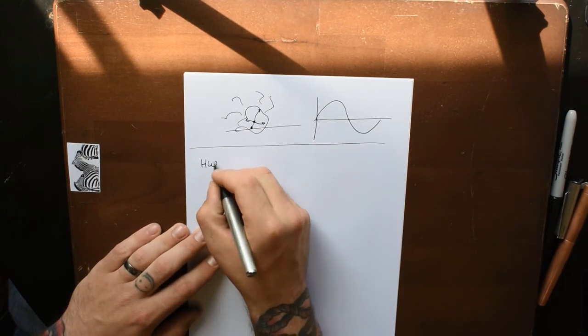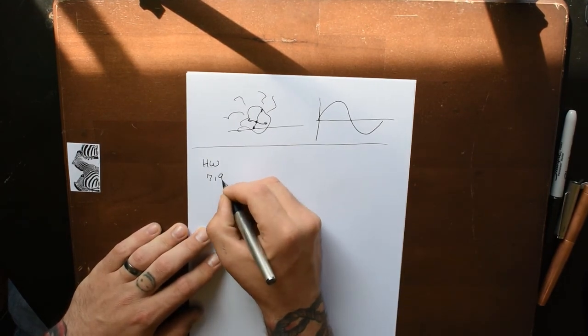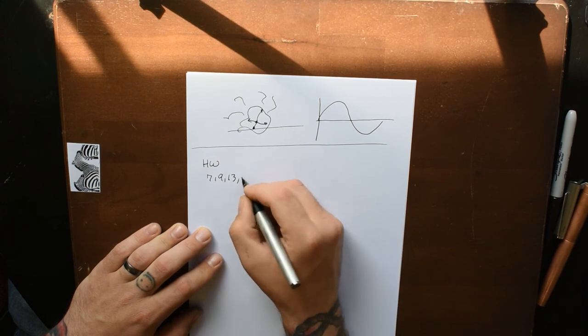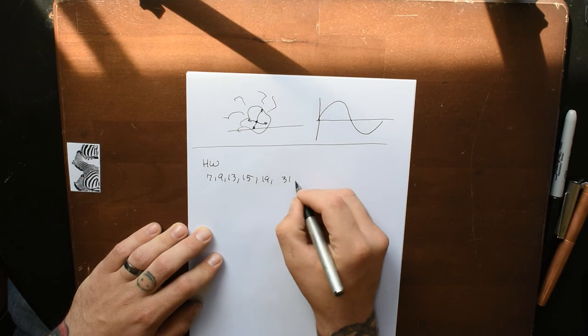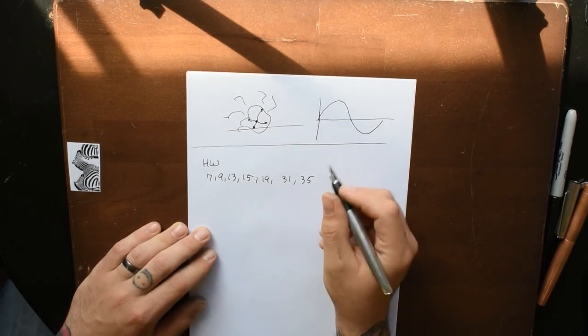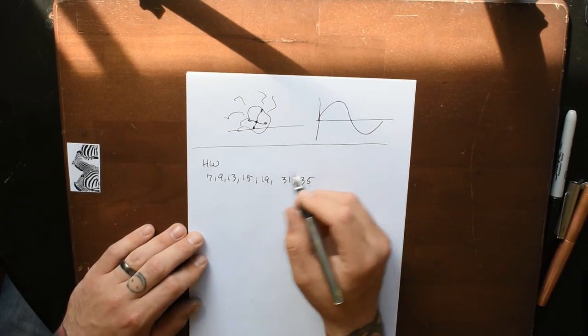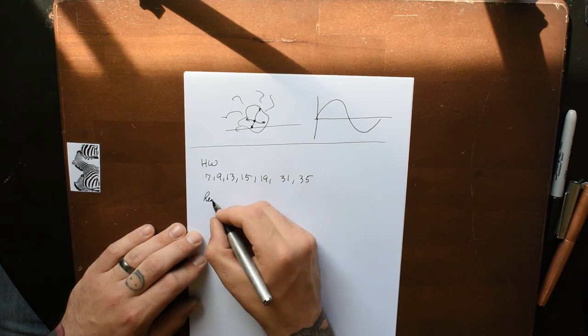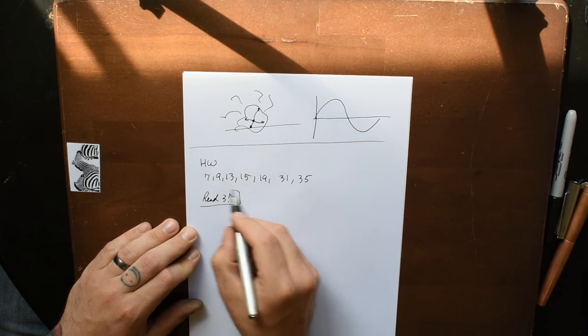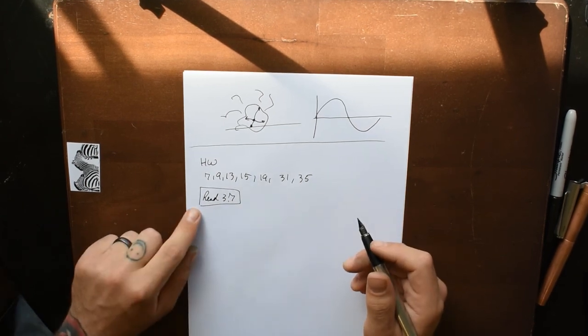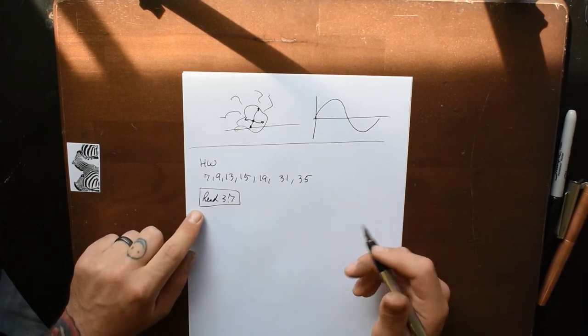So for homework, go off and do 7, 9, 13, 15, 19, 31, and 35. What I would also encourage you to do is just read 3.7, that section that I just lectured over. Go through and read this section in its entirety.